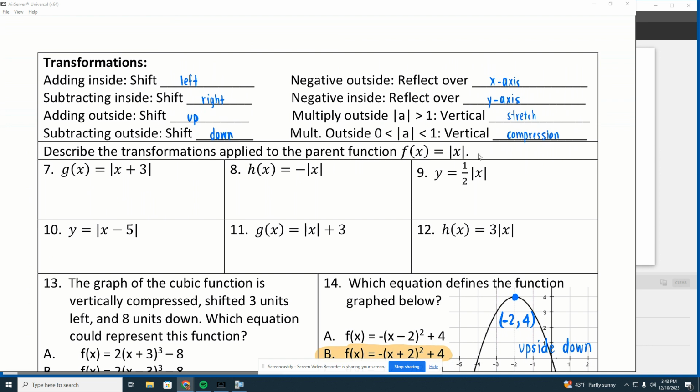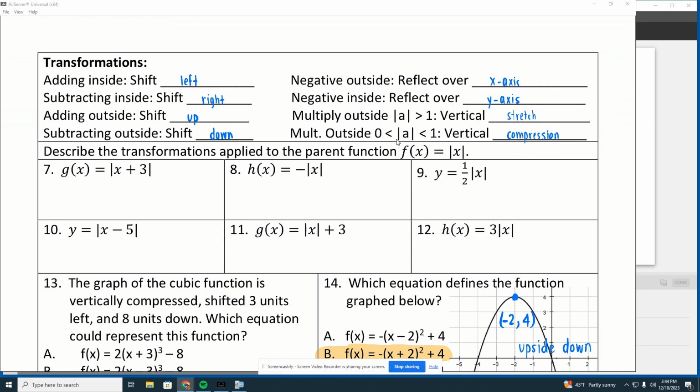And then, of course, your last one was your dilations, where it would actually stretch or compress. And we're only dealing with the ones on the outside. So those would be vertical stretches if the value is greater than 1, and they would be vertical compressions if that value is less than 1 or between 0 and 1.